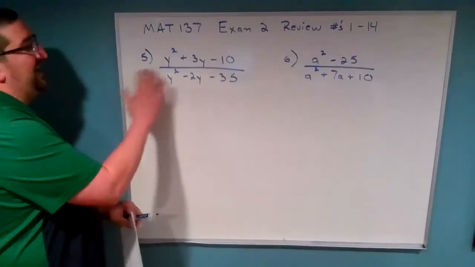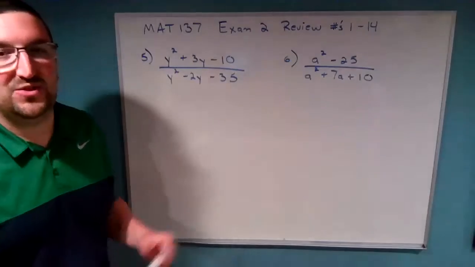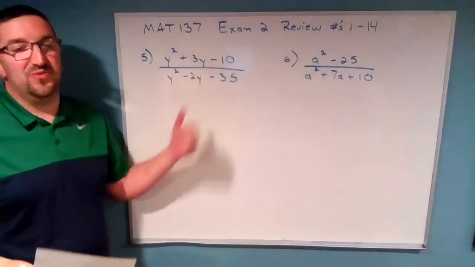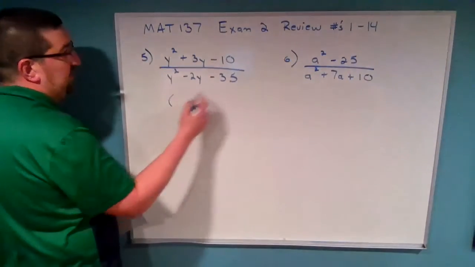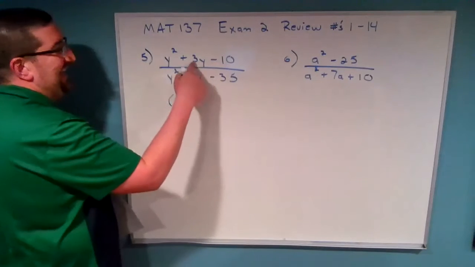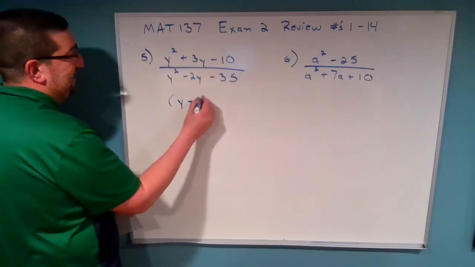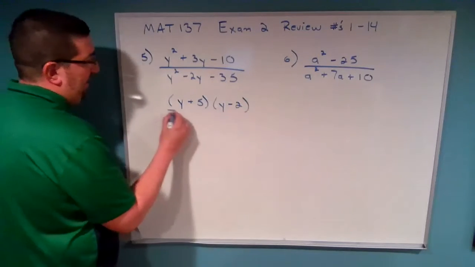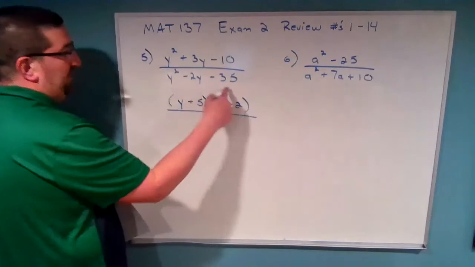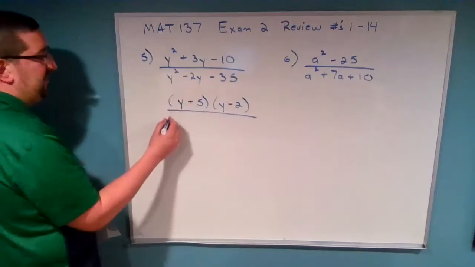And number 5, we have a trinomial over a trinomial. What we're going to have to do is factor the numerator and denominator. The numerator, we have to look for 2 numbers that multiply to -10 and add to 3. That is going to be +5 and -2. The denominator, we're looking for 2 numbers that multiply to -35 and add to -2.